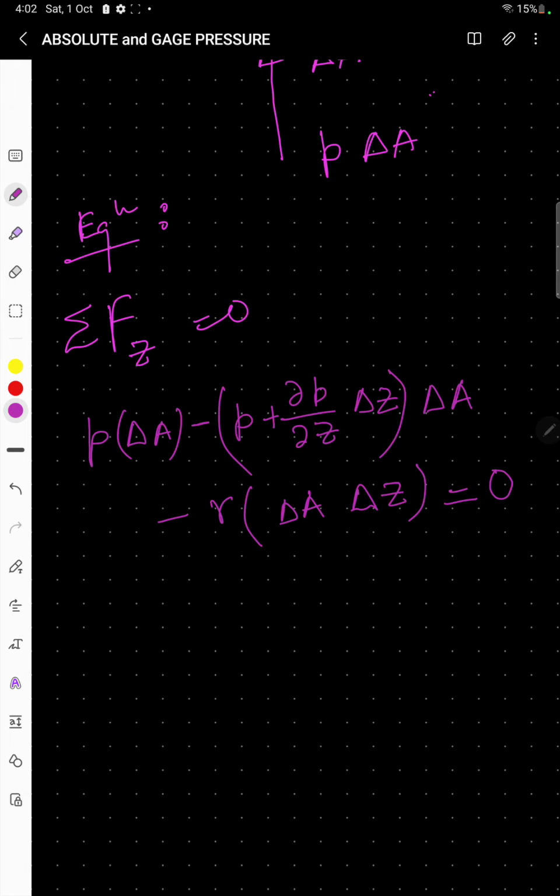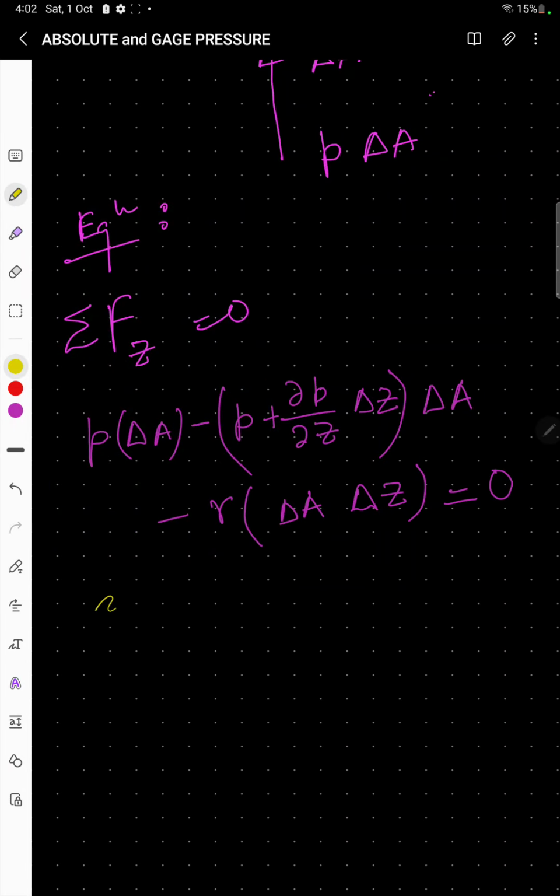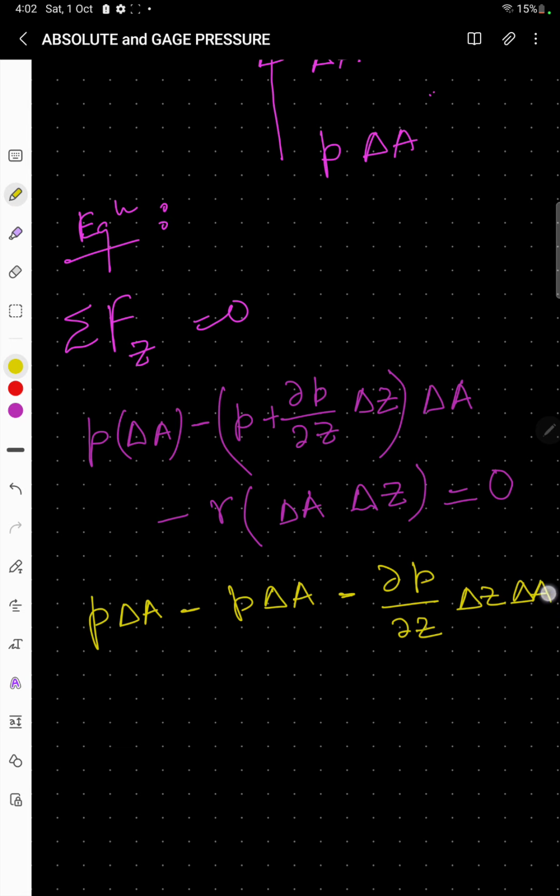So if you solve this particular equation, this will be P delta A minus P delta A minus del P del Z delta Z delta A minus gamma delta A delta Z is equal to 0. So this will cancel out. The only thing left is this one.